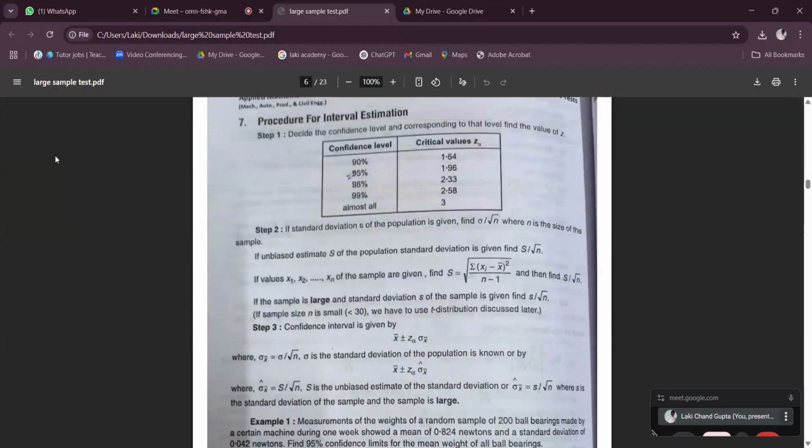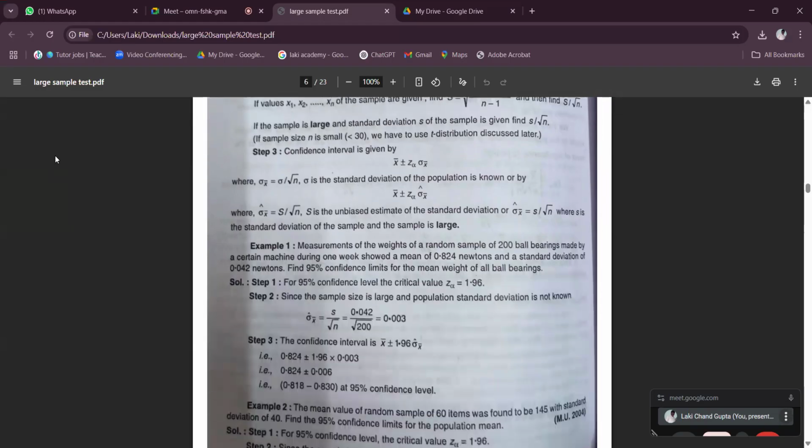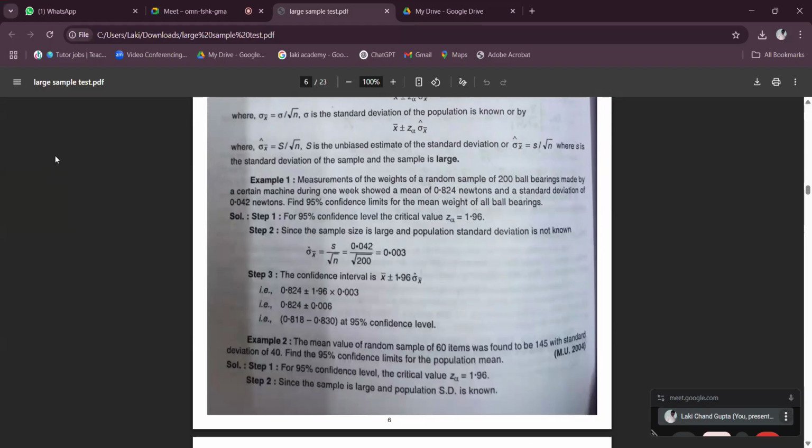You can see the table. Almost all means what? Almost all means 99.9%, right? Then we consider z alpha will be 3.